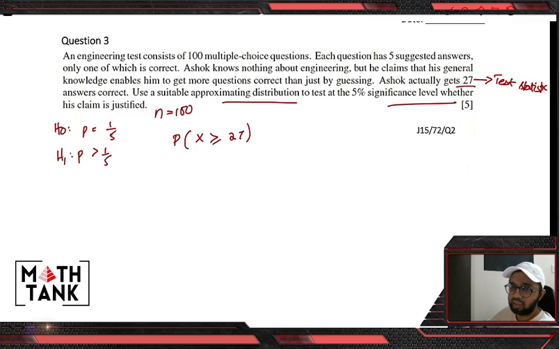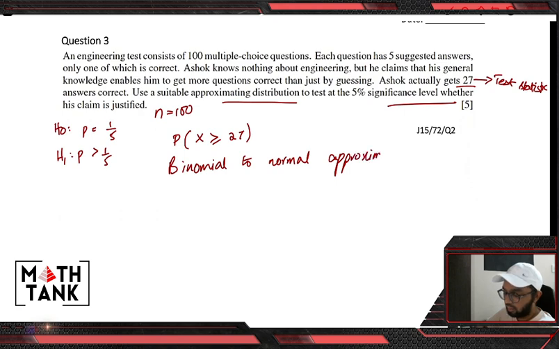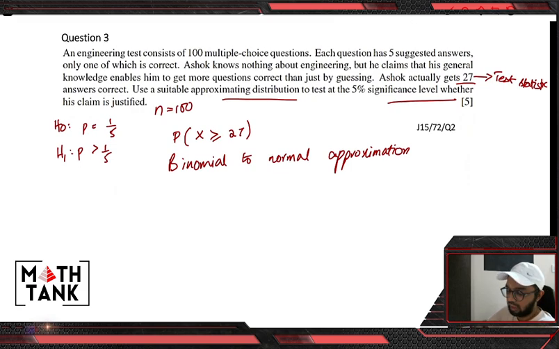I can't go on and calculate 28, 29, 30 and so on. So this question is now about binomial to normal approximation. Remember that I'm not turning this into a test of the population mean. It's still a test of a population proportion. I want to calculate a certain probability, and I'm using the help of a normal distribution to calculate that probability.